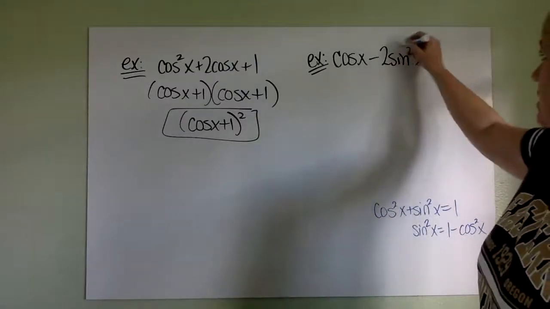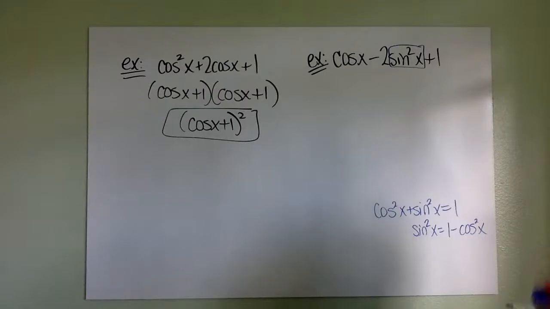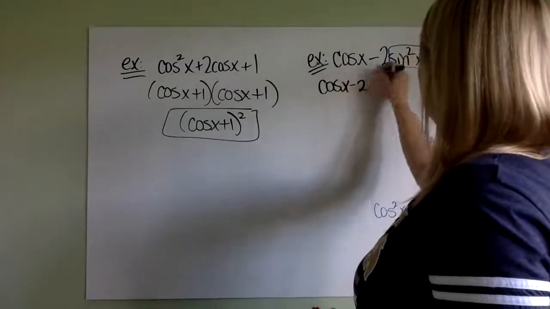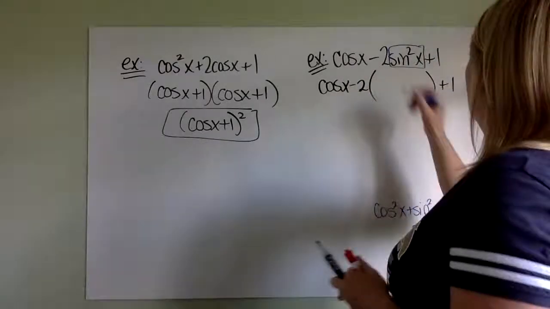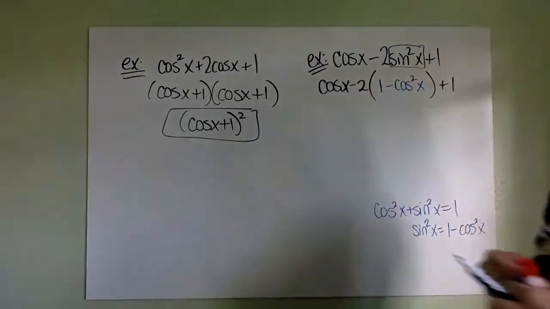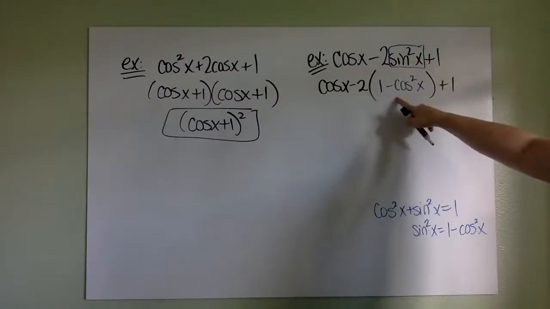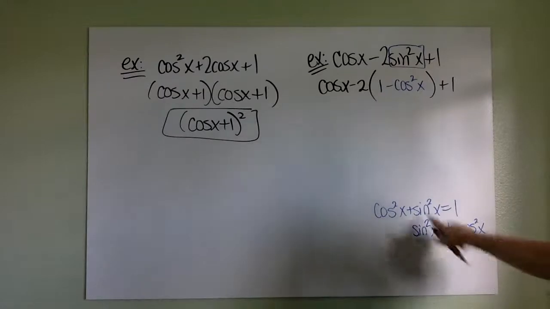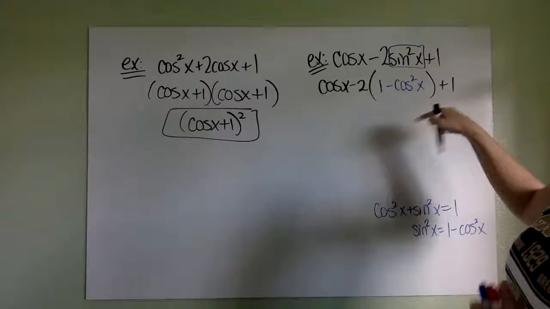I'm going to replace this sine squared with a 1 minus cosine squared, like so. So that, again, is just taking out the sine squared and replacing it with a 1 minus cosine squared using this Pythagorean identity here. So the cosine of x minus 2 plus 1 all stays the same.